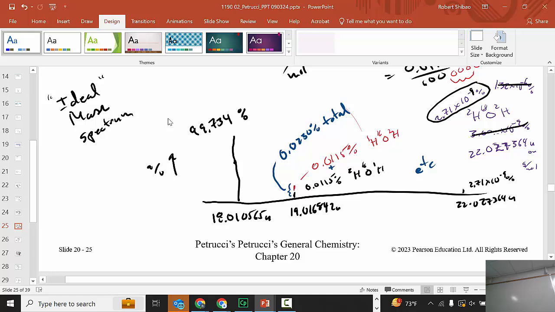And then we can see how much each of those isotopes weigh to 6 decimal places at least, if not more. But we need to calibrate it. What can be used as a calibration standard for a mass spectrometer? Carbon-12, and how much does that weigh? Exactly 12 AMU. Right.